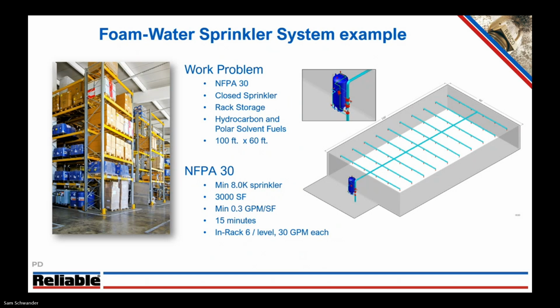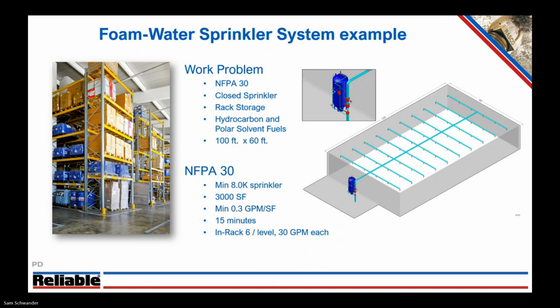Typically, we're working with a design area of 3,000 square feet, a minimum application density with this 8K head of 0.3 gallons per minute per square foot. And keep in the back of your mind what the standard says versus what we'll talk about on listings. Minimum runtime of 15 minutes for the foam duration. That's how we're going to size the amount of concentrate that we need.